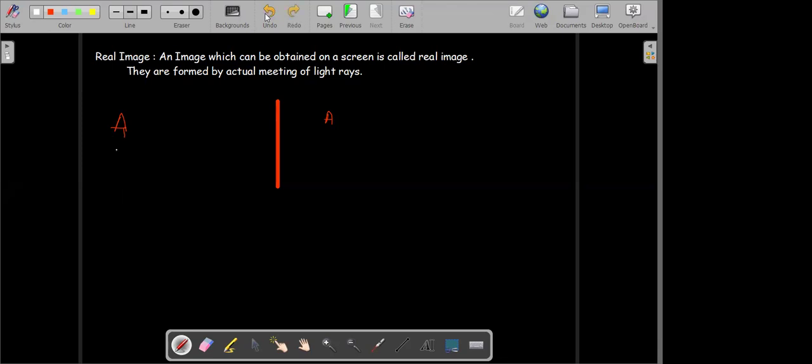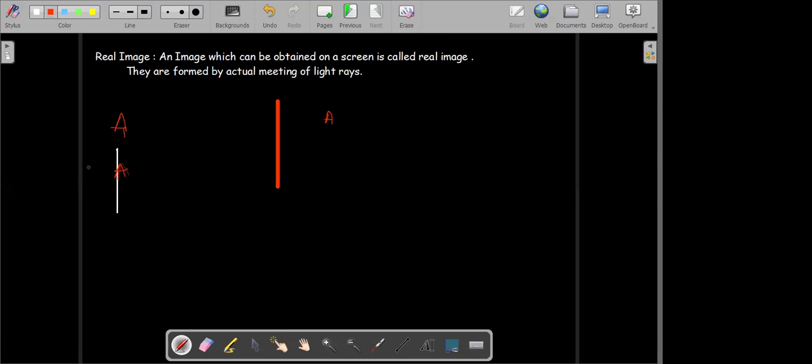Is there any way by which I can make this A appear on this screen? Is it possible by using a plain mirror? Will I be able to see my letter A on this screen?